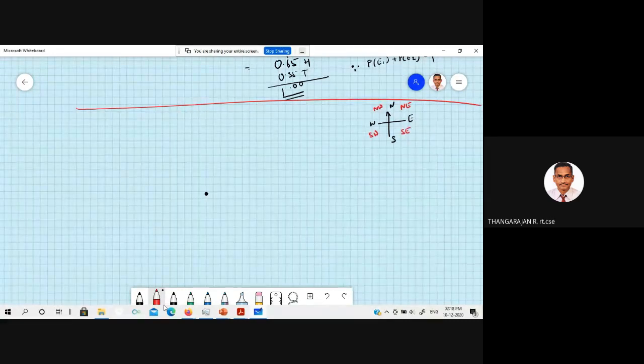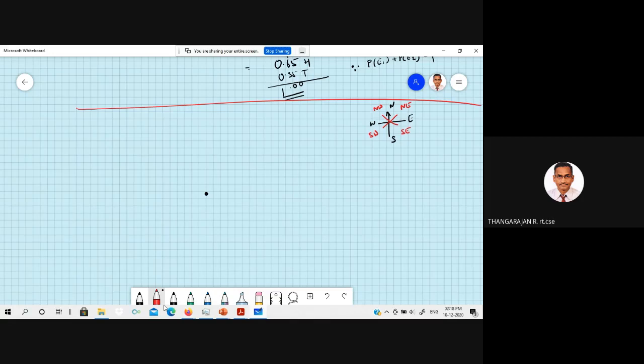Now the ant can move in any one of the 8 directions. So there are 8 directions in total. It can move purely north, south, east, west, or it can move northeast, southeast, southwest or northwest.